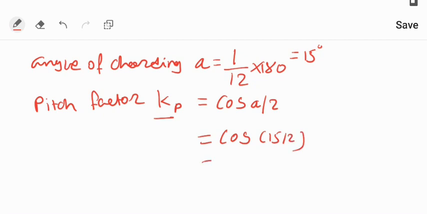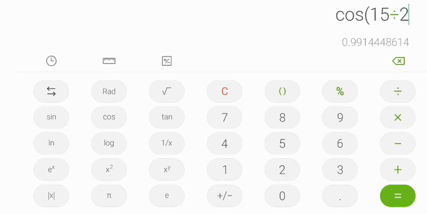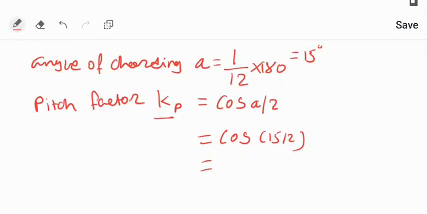When we do the solution, we get the answer 0.9914. So the answer for Kp, which stands for the pitch factor, is 0.9914.